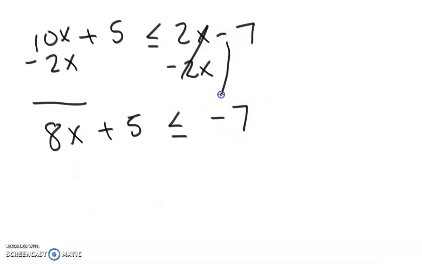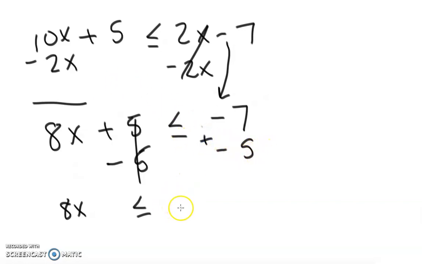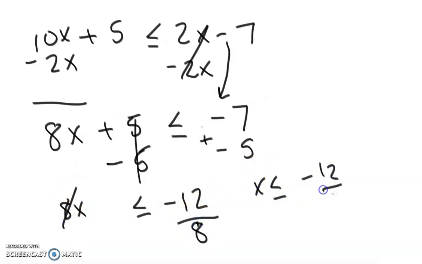Remember to keep this negative 7, not positive. Subtract a 5, so it won't be 2, because a negative number minus another number is technically saying plus negative 5. So negative 7 plus negative 5 is negative 12. Now you just need the x alone. So x is less than or equal to negative 12 over 8, or negative 3 over 2.